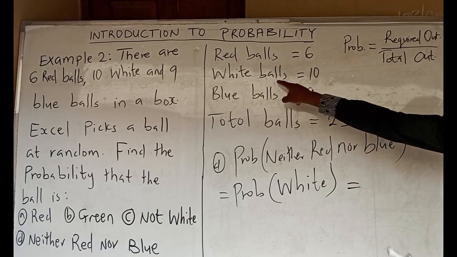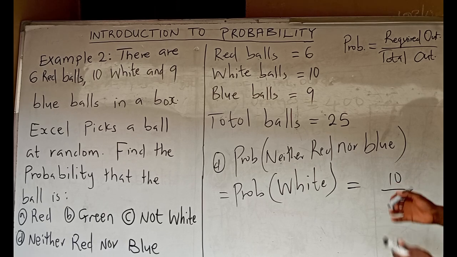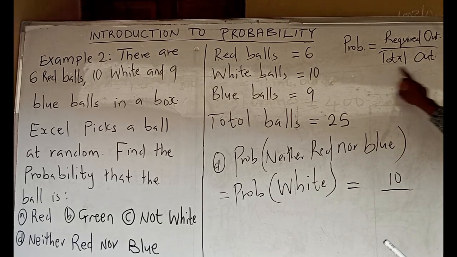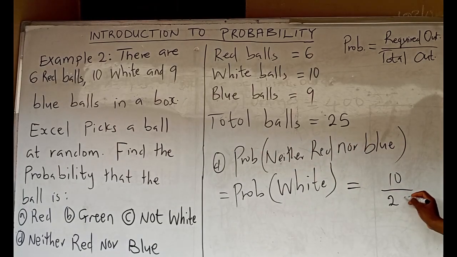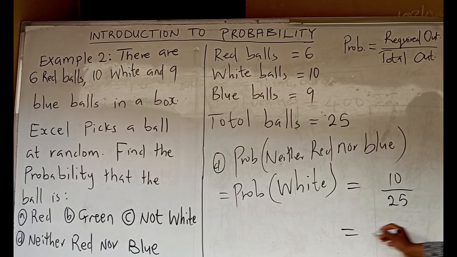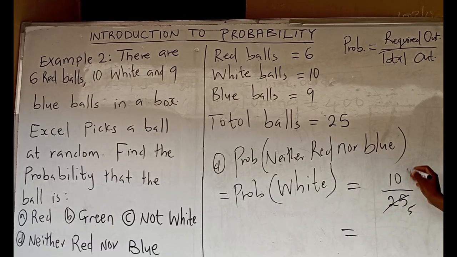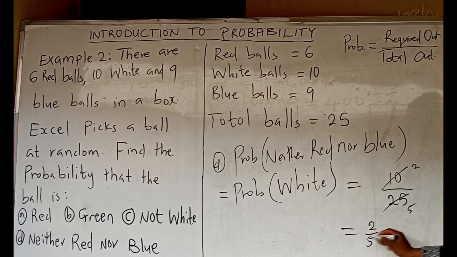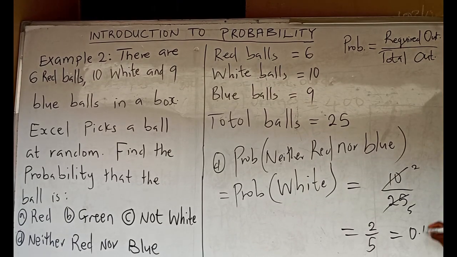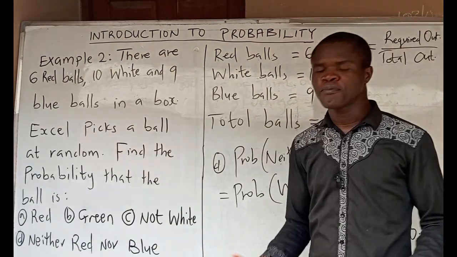White balls. How many white balls do we have here? 10. All over total outcome. Our total balls here is 25. So our answer becomes 5 go here, 5; 5 go here, 2. Our answer becomes 2 over 5, 0.4.